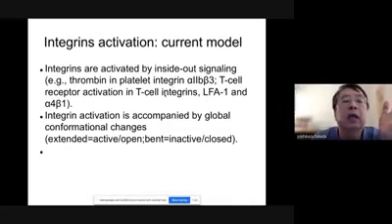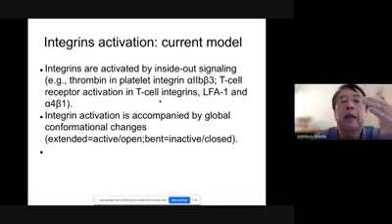Also, T cell receptor activation induces integrin activation. Usually leukocyte integrins are inactive. Otherwise, that activates a very strong immune response.